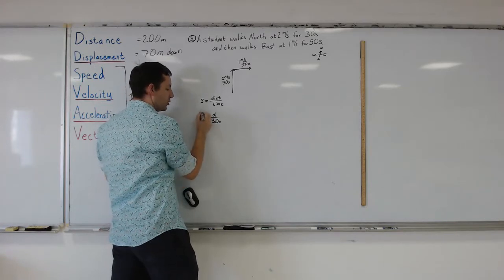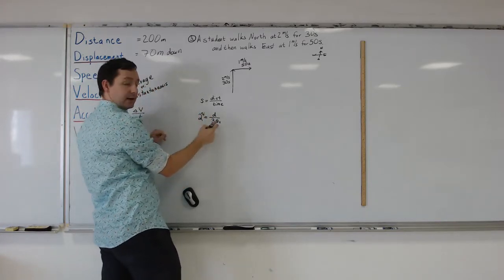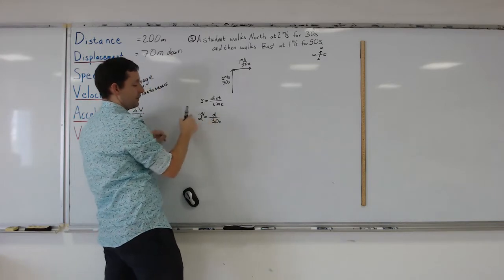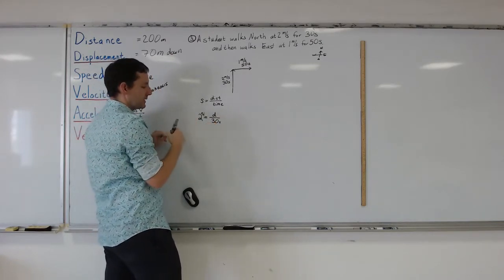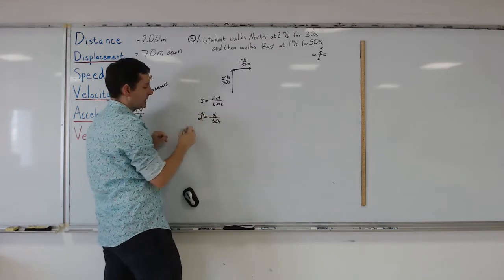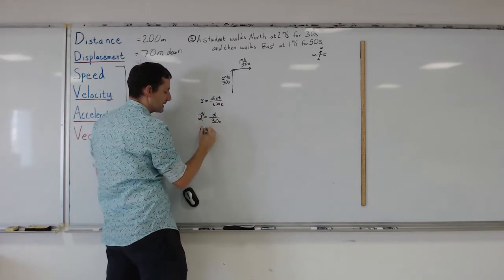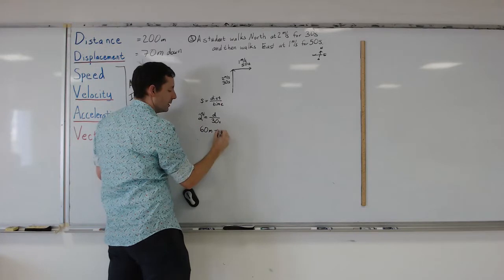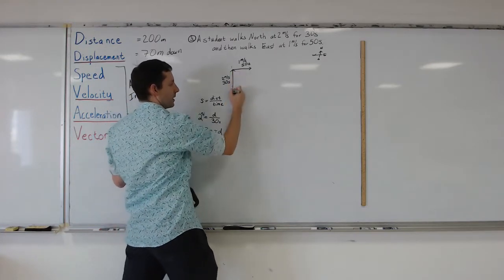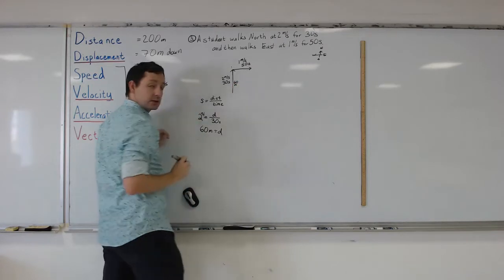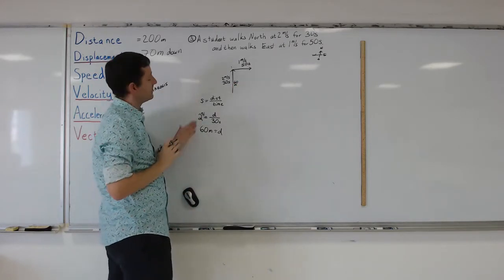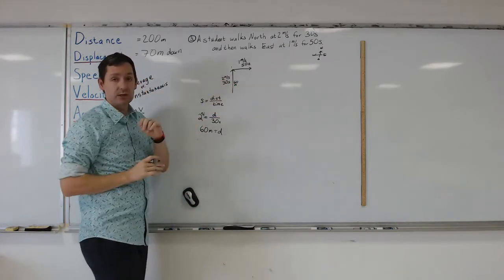Now, you'll notice if this is meters per second and that's seconds, if I multiply both sides by 30, I can solve for d. The seconds are going to end up canceling out, and I'm going to get 60 meters equals d. So that's this one right here. This one right here is 60 meters. So that's the distance that he walked in those 30 seconds.